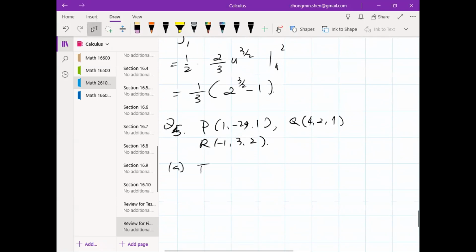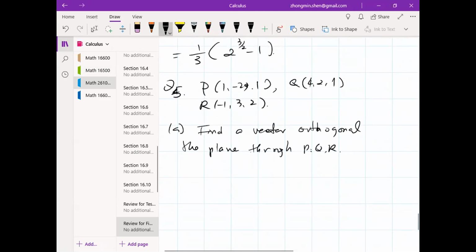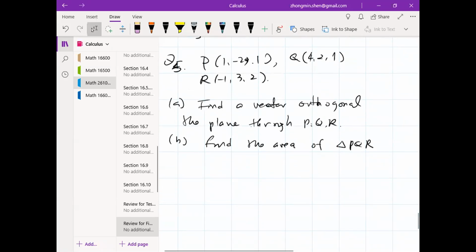We want to find a vector orthogonal to the plane through P, Q, and R. B: Find the area of the triangle PQR. That's 2 questions here.